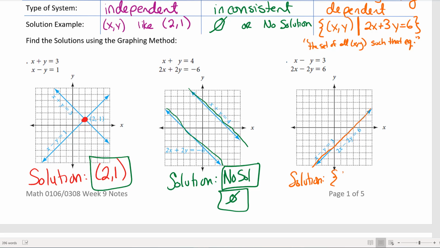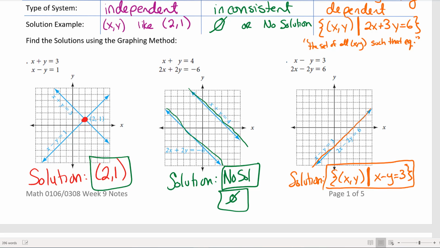It's the set of all x, y, so little braces, and then an ordered pair x, y, such that, so that's that vertical line. And then you just write one of the two equations. I don't really care which one you write, because they're essentially the same, because the two equations, even though they look different, give you the same line. So that is the solution.